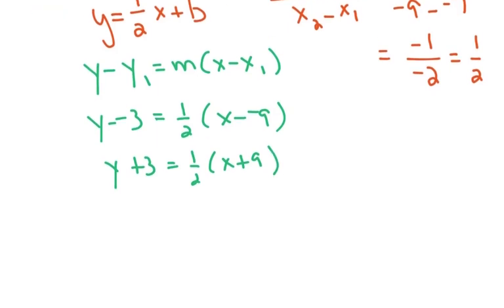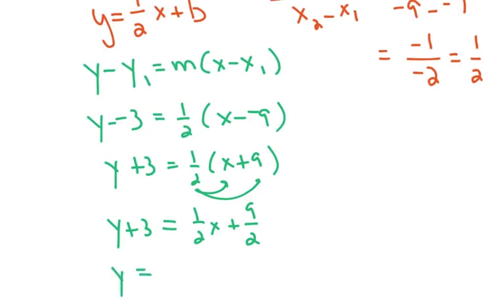Well, here's where it gets not so pretty. I'm going to distribute the 1/2. I'm going to get 1/2 x plus 9/2, or if you want to call it 4.5, you can. But I'm going to just use my calculator to get the exact fraction. And then I'm going to subtract 3.